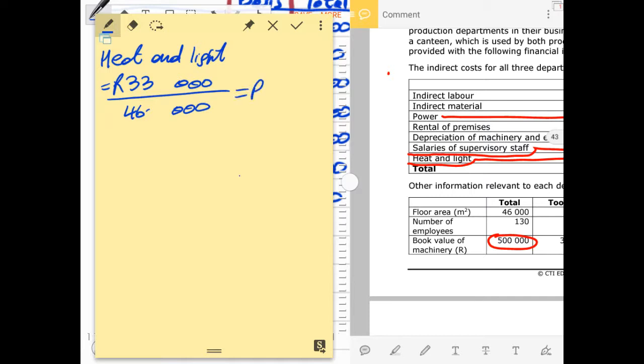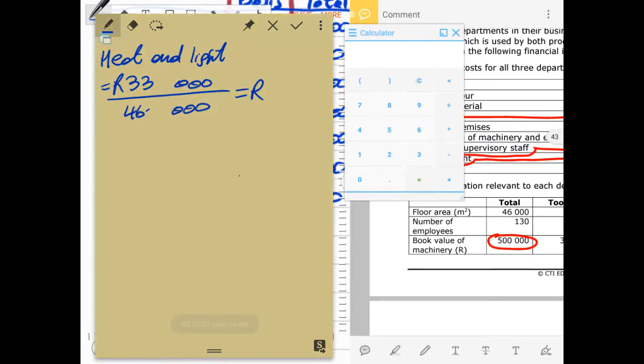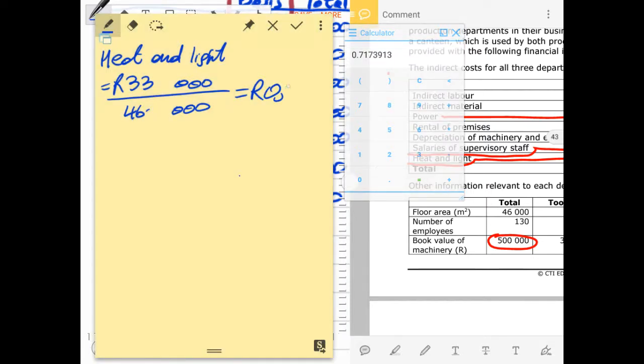Then that will give us the rate, and our rate will be in rands. So now we say 33,000 divided by 46,000, and that will give us 0 rand 72 cents. Then we allocate that to the tooling department.